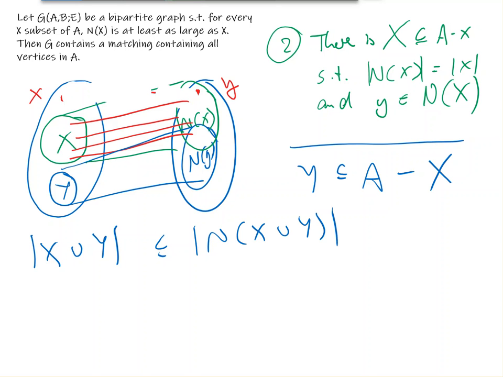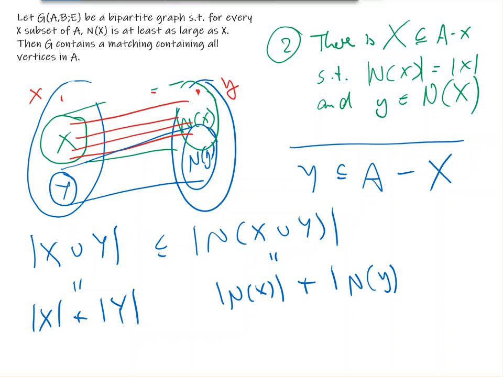But this left side, since Y and X are disjoint, is just the size of X plus the size of Y. And this right side, we can write as the size of the neighborhood of X plus the size of the neighborhood of Y minus the neighborhood of X.